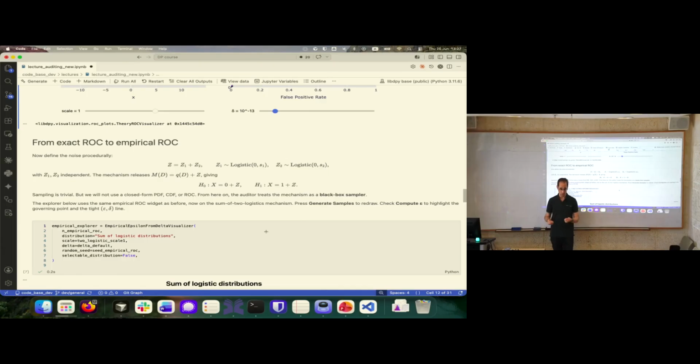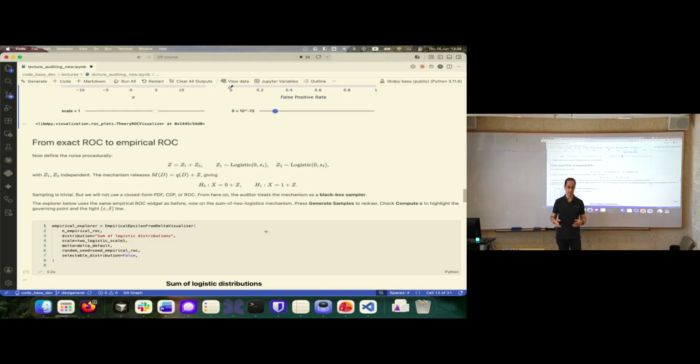If I'm adding noise twice, then to understand the distribution of the combined noise, it's basically the convolution of these two distributions. Sometimes it's easy. Let's say I added Gaussian noise twice. Well, that's great. We know exactly what the convolution of two Gaussians is. It's another Gaussian whose variance is the sum of the variances of each of the original Gaussians. So if my process adds Gaussian noise twice, I can analyze it very easily. It's just a single Gaussian mechanism with a different variance.